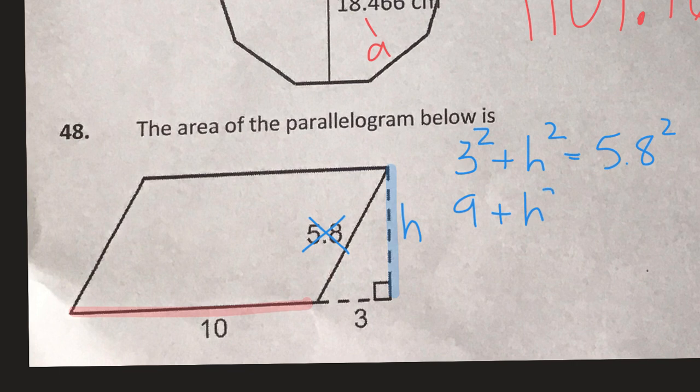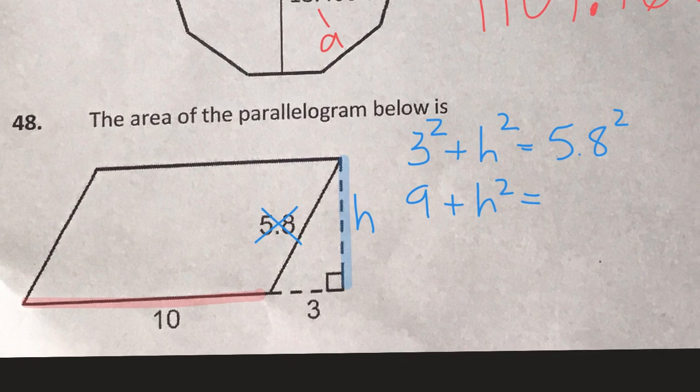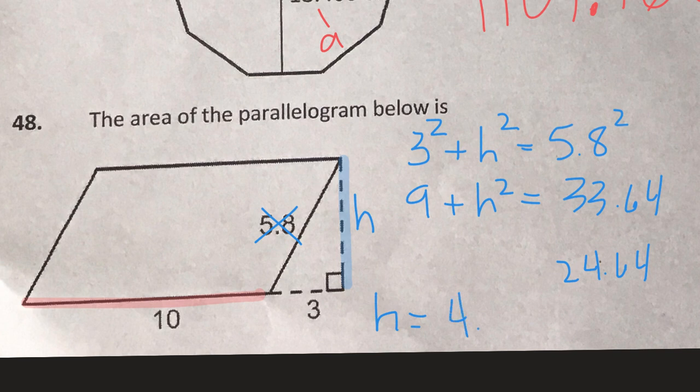So 9 plus h squared equals, what is 5.8 squared? 33.64. Okay, minus 9 is 24.64. And then square rooting 24.64 gives me an actual height of 4.964 when I round to 3 decimal places.